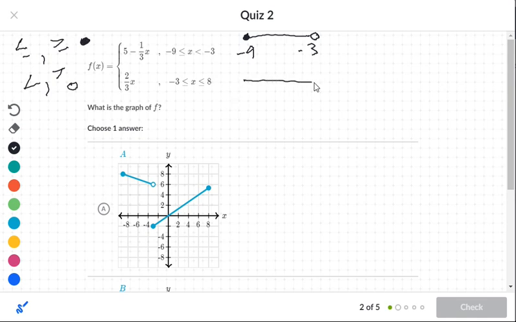Now let's draw this next segment, and this goes from -3 to +8. This time the -3 is solid, and we see solid with the 8, so the 8 is included as well. Now let's look at the x, because remember, if you get confused, this is referring to the x. So you want to look at the x-axis.